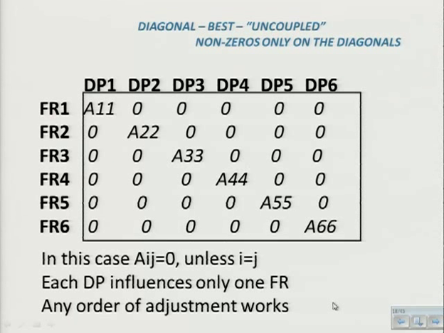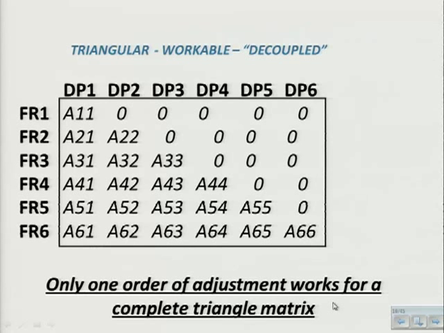All right, so uncoupled, diagonal, this is the best. And so the only non-zero elements are down the diagonal. So any order of adjustment works. In this case, a full triangular matrix, there is only one order of adjustment that works, and that's dP1, dP2, dP3, and we can see that clearly.